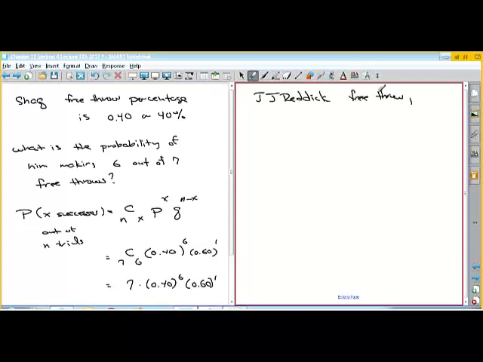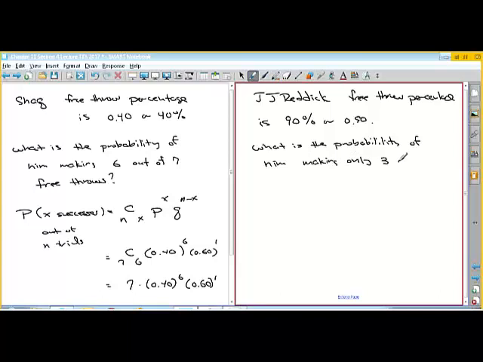So J.J. Redick has a free throw percentage of, he probably shoots 90%, or 0.9 probability. What is the probability of him making only 3 out of 8?